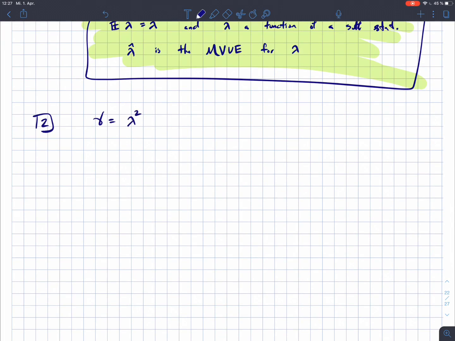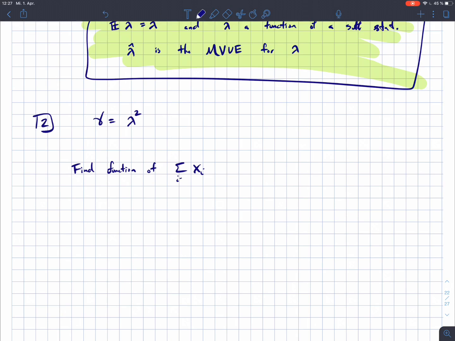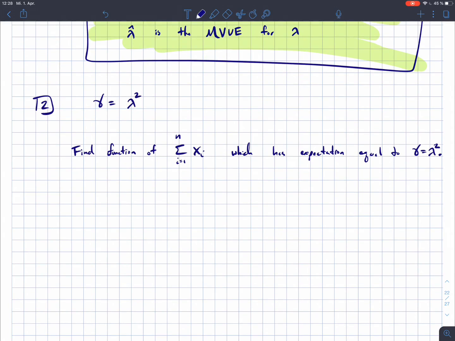In order to find the minimum variance unbiased estimator, I want to find some function of my sufficient statistic which is unbiased, or which has expectation equal to lambda squared, which is gamma. Okay, so we just have to kind of search for it.